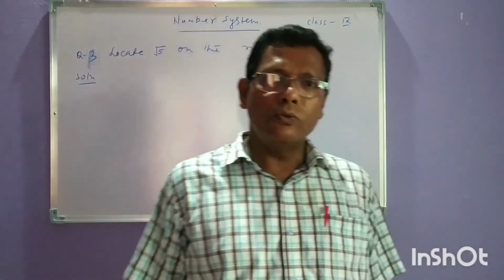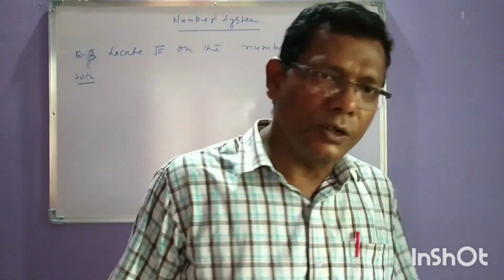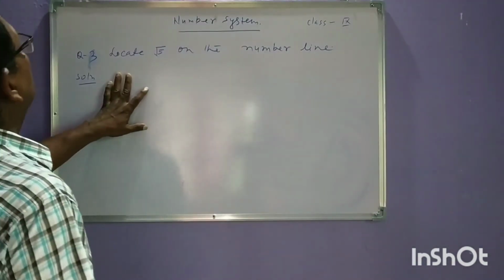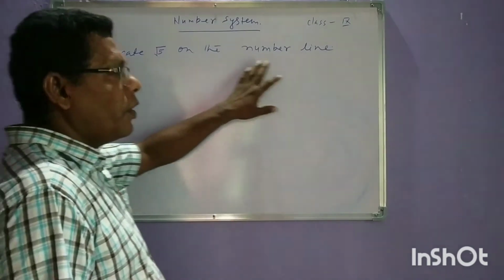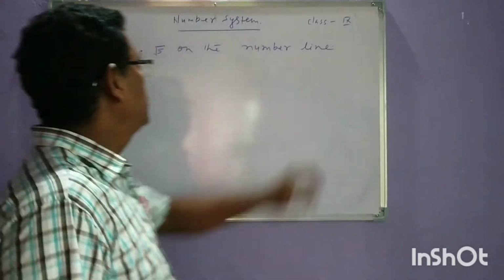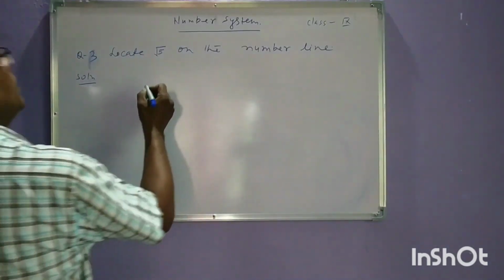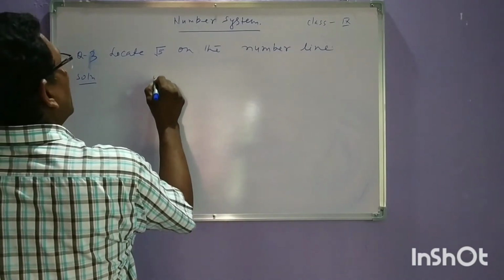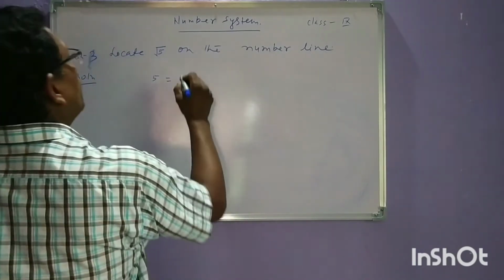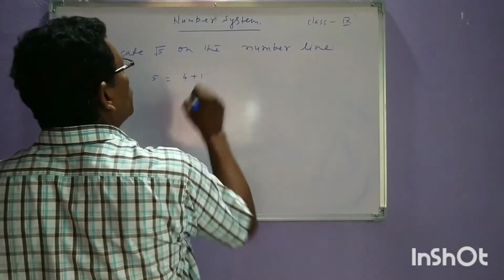Now, we move on to third question. Third question is here. Locate root 5 on the number line. So first of all, I will write 5 as 4 plus 1.